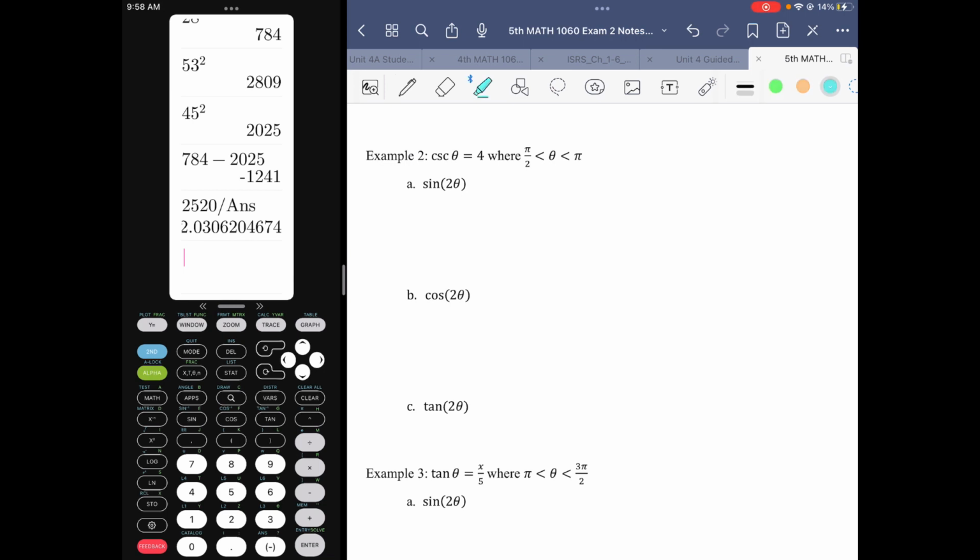So this one is telling us that we started in our second quadrant, okay? And we know that cosecant of theta is 4, which tells us that 1 over sine of theta is 4. So we are in quadrant 2 here. Okay, so here's our little triangle.